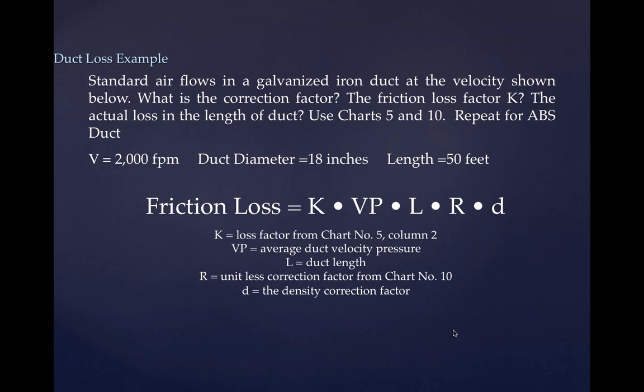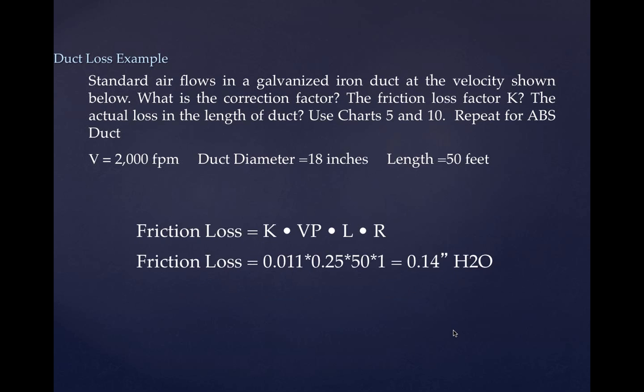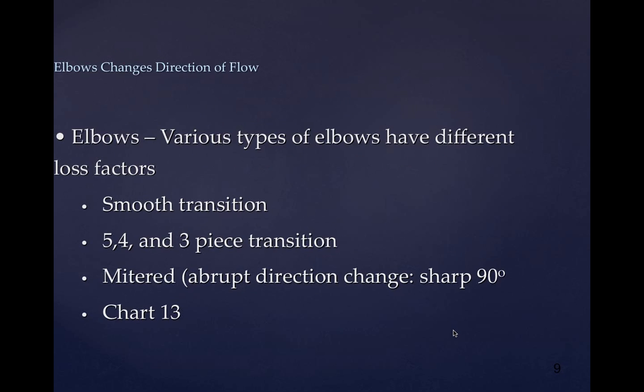There you go. K times the velocity pressure times the length of the ductwork times R times D. For galvanized iron, the R is 1. For standard temperature and pressure, the D is 1. So the only thing you're worried about is the length of ductwork, the loss that's introduced by that ductwork, K, and the velocity pressure, which you can figure out from the velocity.